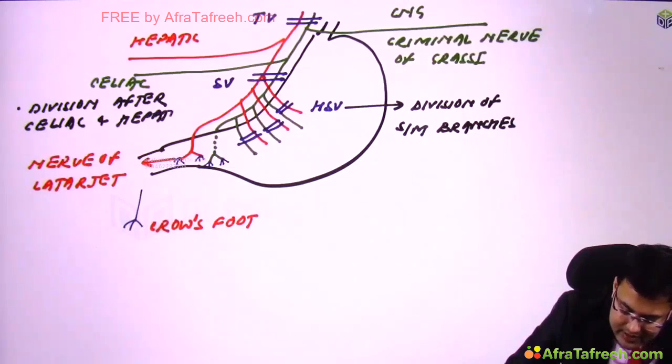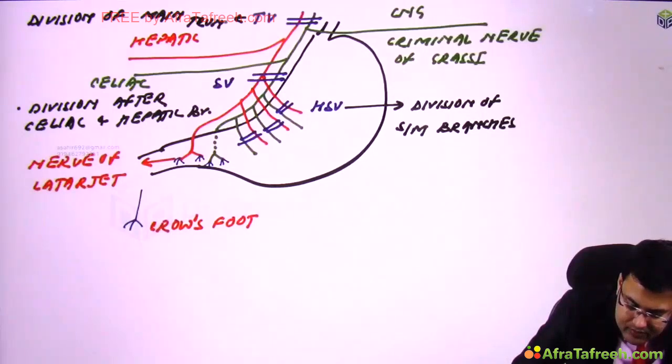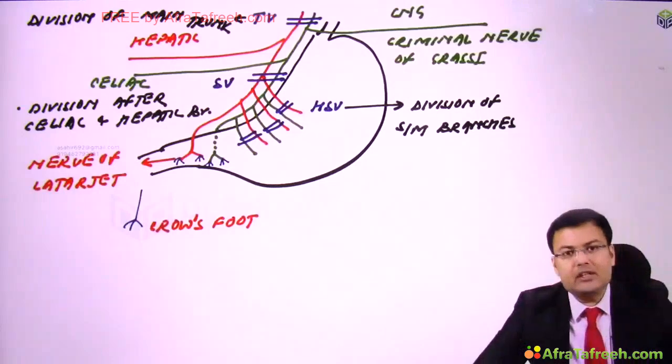And truncal vagotomy is the division of main trunk of vagus. So these are the questions.